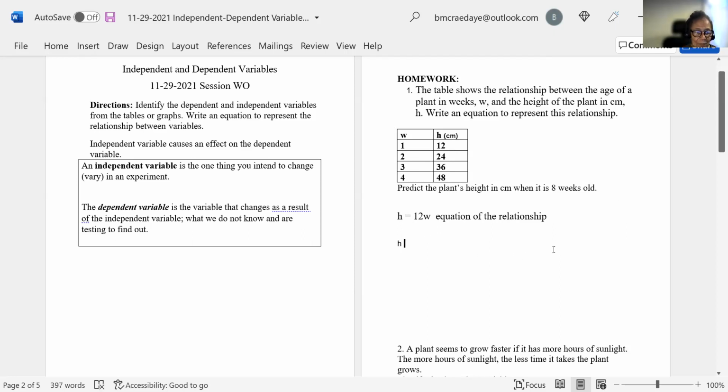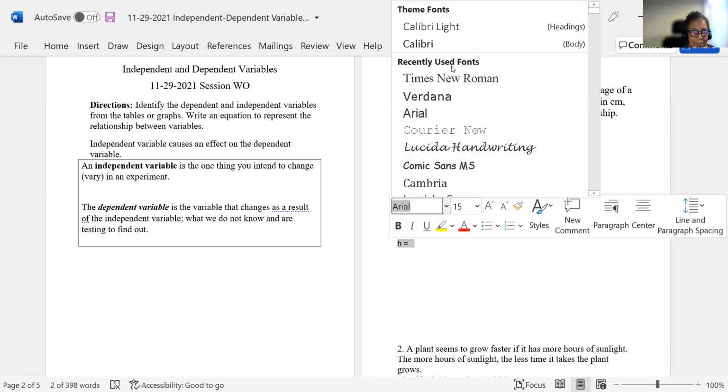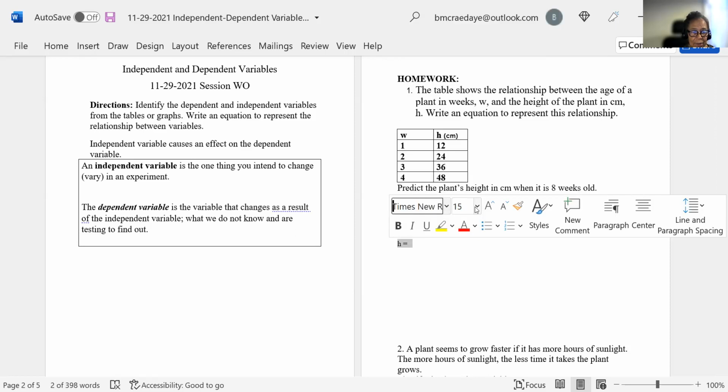Okay. The height would be, this is 4. Now the weeks is 8. But since I know the relationship, I can substitute for weeks 8, right?